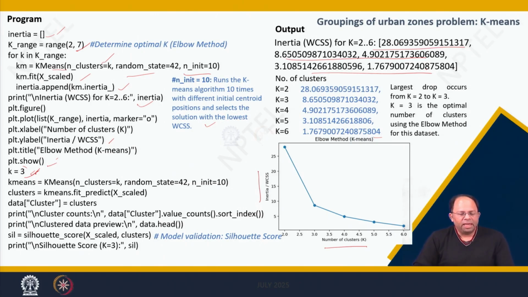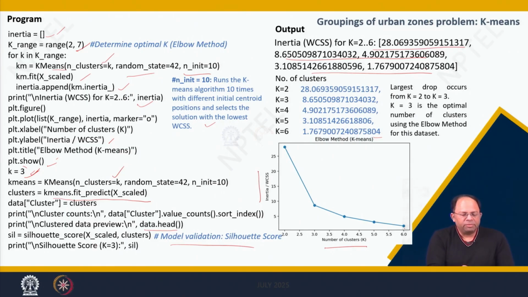Once we have done that, we are calculating the silhouette scores. After I run the model with k equal to 3, I can also predict the values, and then we store the names of the clusters and print the number of clusters and the number of data points in each of these clusters.